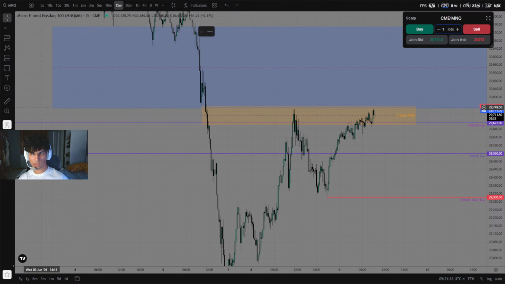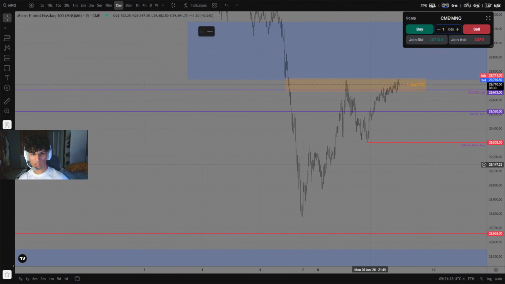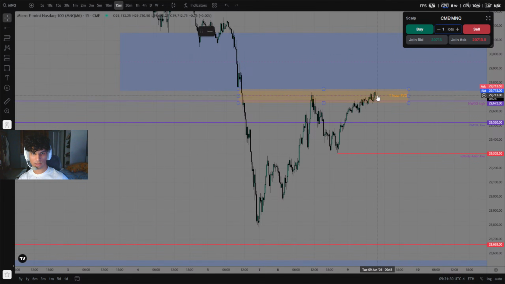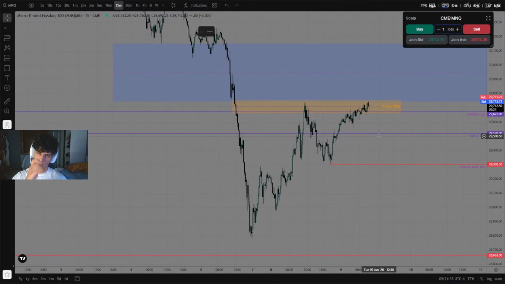So my bias today is neutral. It depends on which liquidity and how they will react. About 70% is short because we have this large liquidity. This liquidity, this one, I don't like it. I think the price will grab it and go.